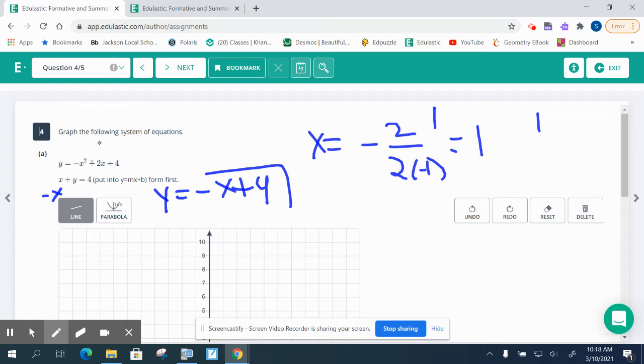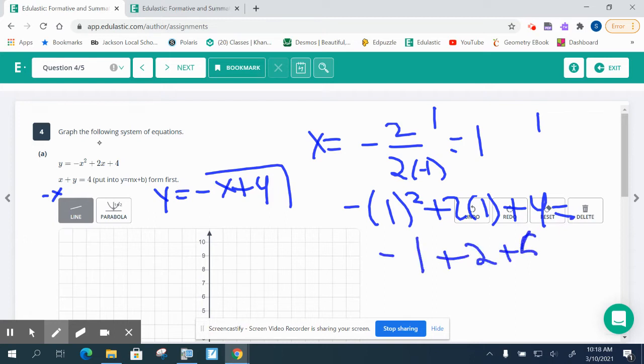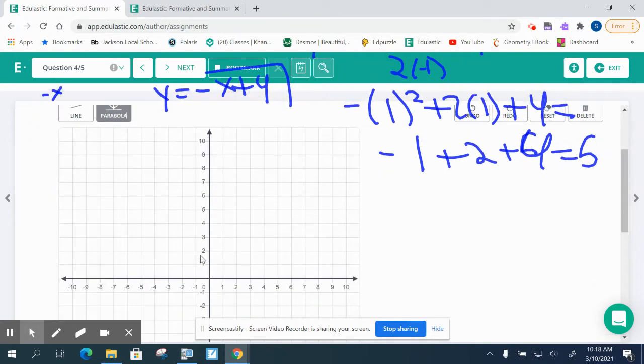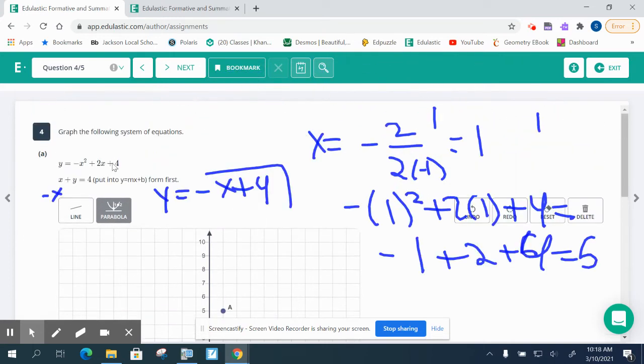And then when you plug 1 back in, you would get negative 1 squared plus 2 times 1 plus 4. That gives us negative 1 plus 2 plus 4, which ends up being 5. So the vertex is 1, 5. And then your y-intercept is 4.